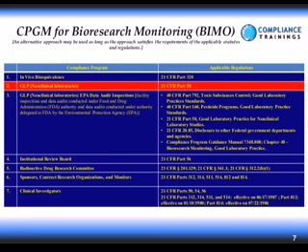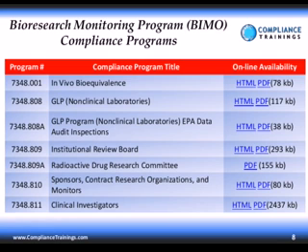For example, when we are talking about in vivo bioequivalence or good laboratory practice, institutional review board, and then sponsors, contract research organizations, and monitors, and then clinical investigators. Here are the applicable regulations, and there are also CPGM guides available, and we are going to talk about them in the next slide.